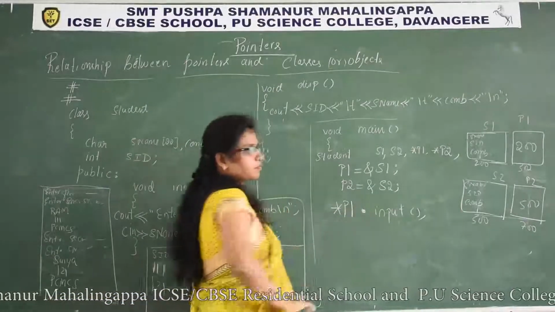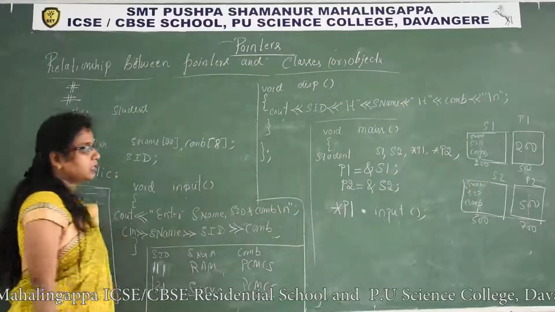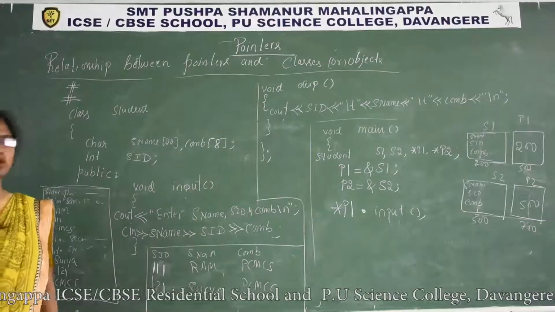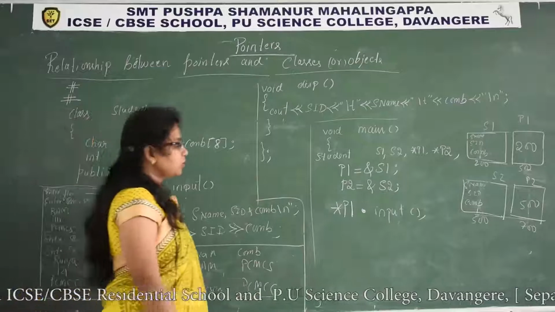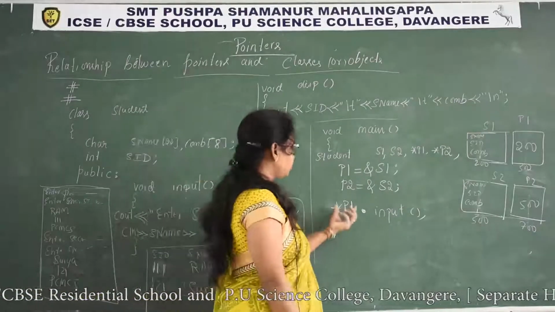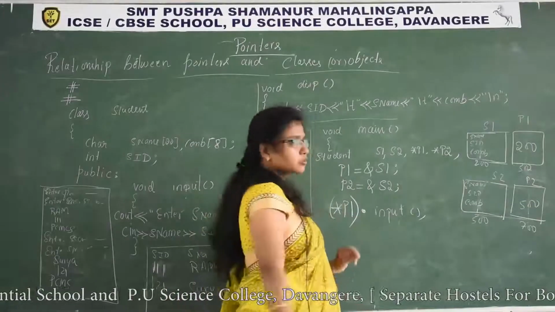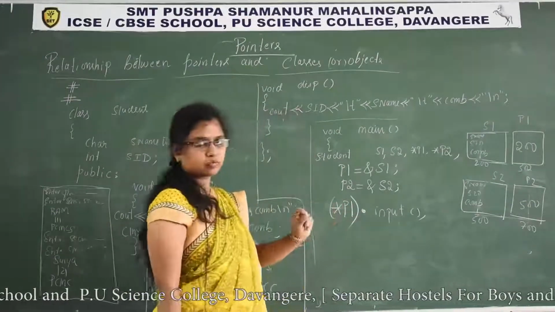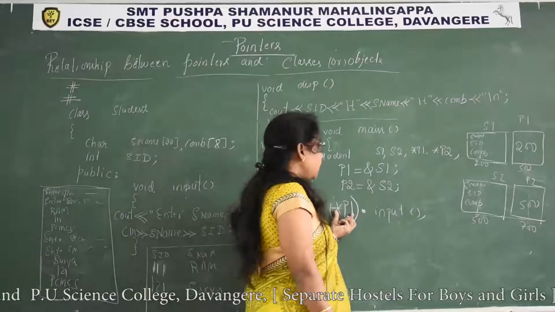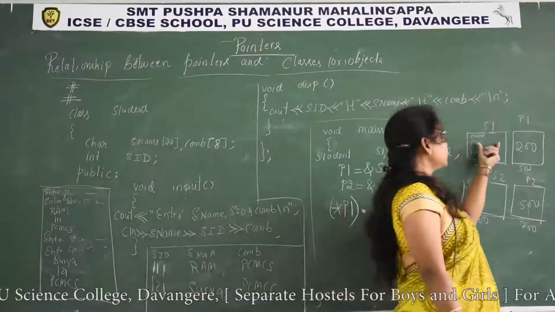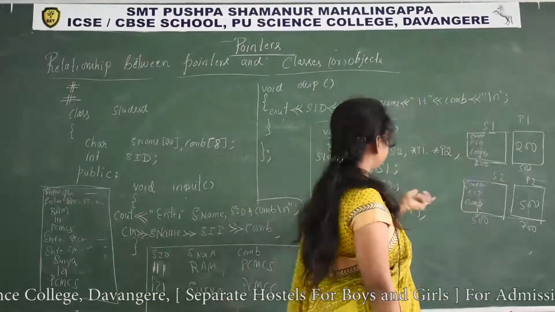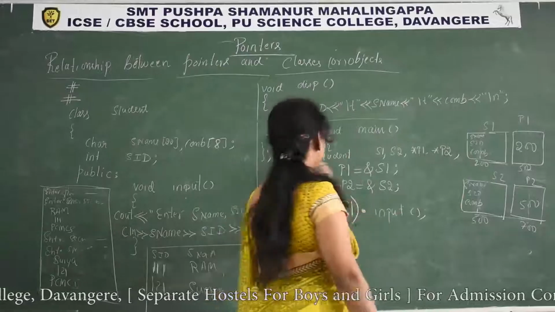But the same thing here also: the dot operator has higher priority than the star operator. So in order to execute the star operator first, I have to write parentheses here, so that the star operator executes first, then the dot operator. Star P1 means it moves into S1, then S1 dot input function.